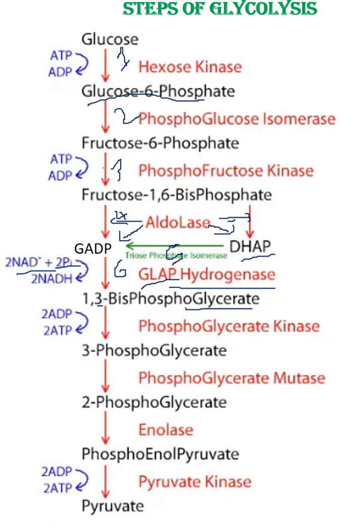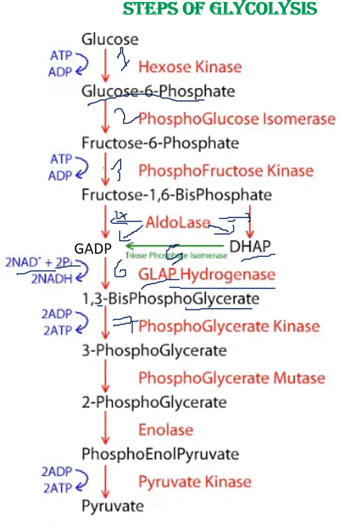Now the seventh step, the dephosphorylation step. Phosphoglycerate kinase, here is the enzyme, will catalyze the transfer of a phosphate group to ADP to become 3-phosphoglycerate, producing 1 ATP.